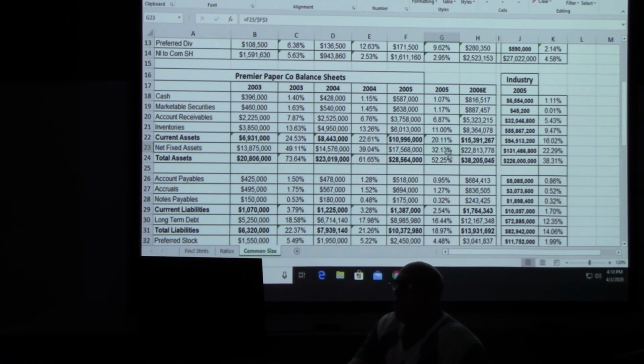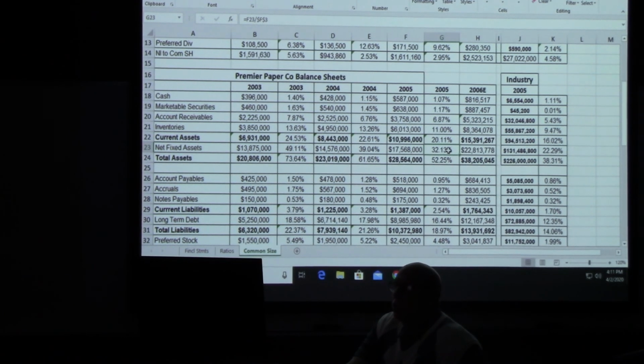And you can see that in all these categories, the company is not operating efficiently. They can do better, particularly when it comes to fixed assets. They've got a lot of fixed assets, 32% of their sales devoted to fixed assets, whereas the industry only 22%. So this appears to be an area where the company really, really needs to spend some time.